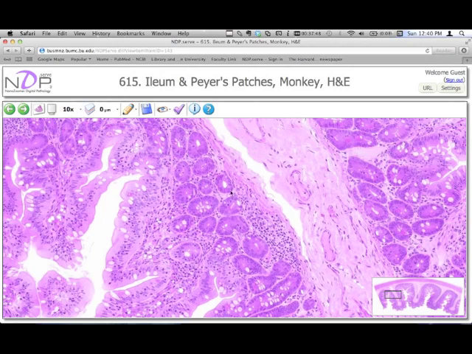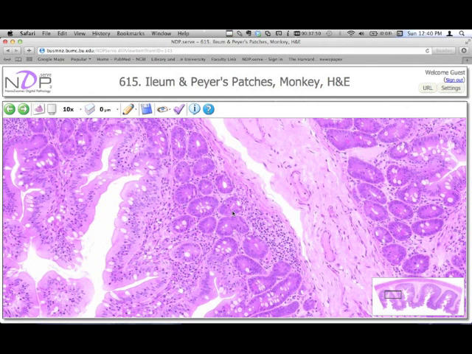But here's where we have to consider things a bit more carefully. If I were to draw the basement membrane of this epithelial sheet, it would be something like this.